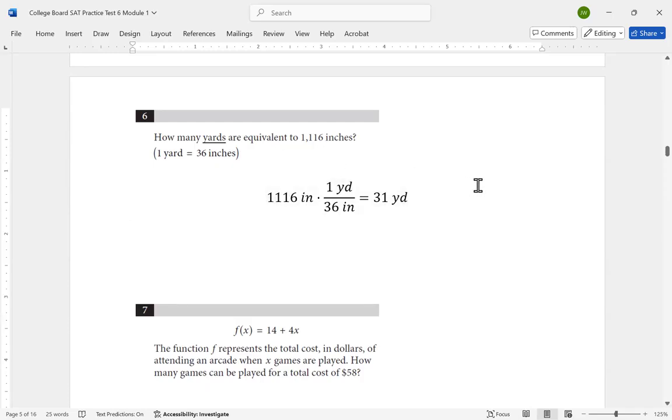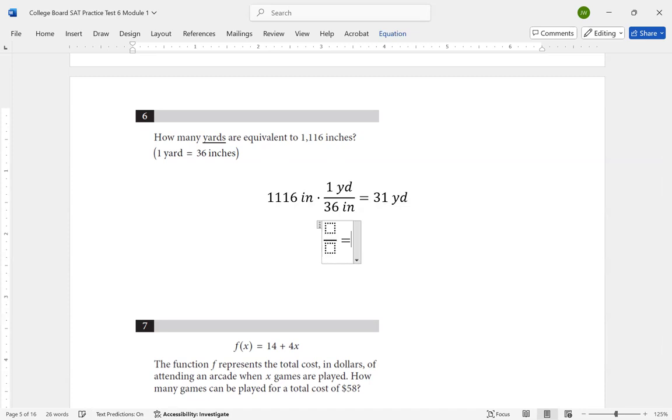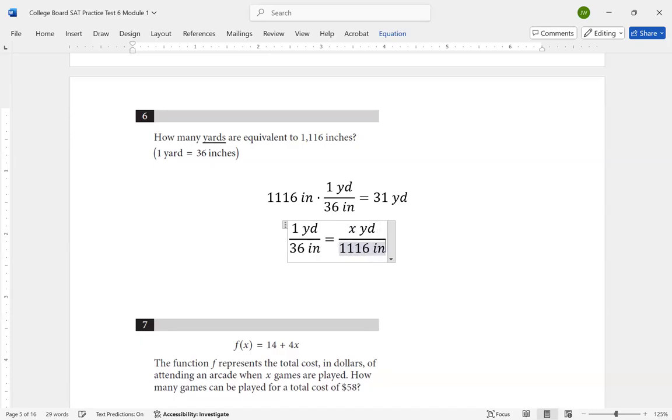Now, another way we can do that is really similar. We can set up equal ratios with an unknown. We already know that 1 yard is equal to 36 inches. And it's asking us how many yards, we'll call it X yards, is equal to 1,116 inches.